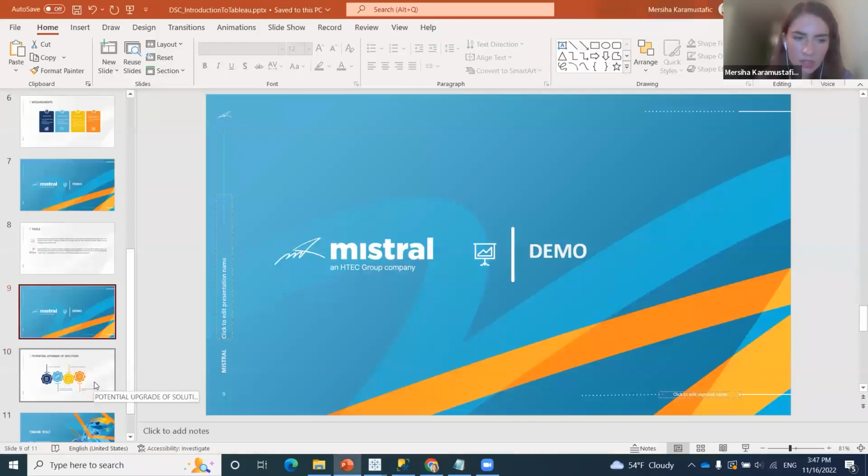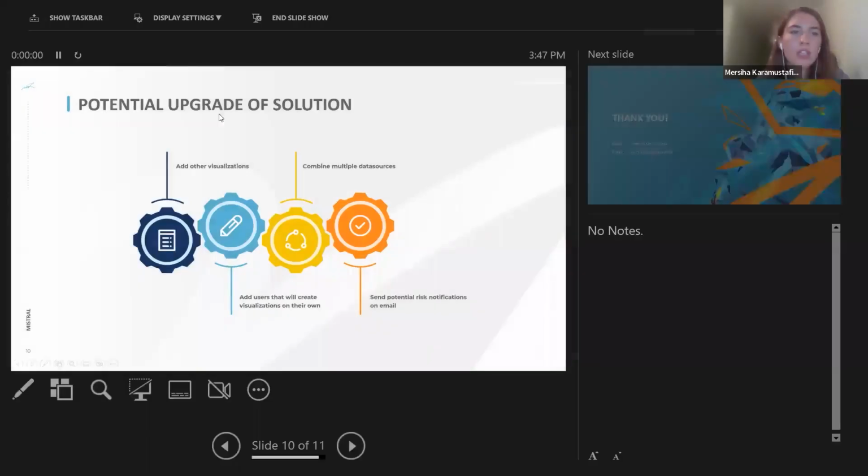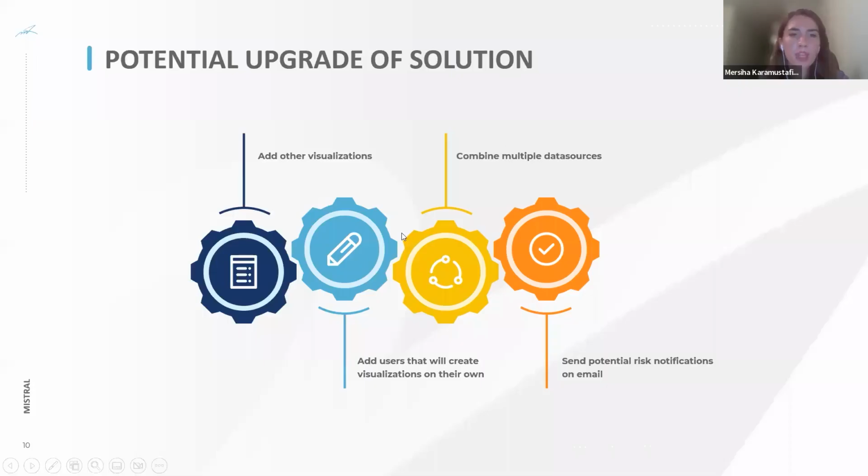And let me just go through potential upgrades of the solution. After I displayed the flow of the solution that is implemented within Tableau Desktop and further published to Tableau Online portal, so basically created through the Tableau tool, here I also displayed some possible upgrades of the solution.